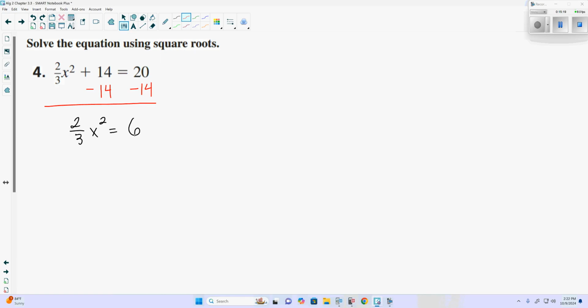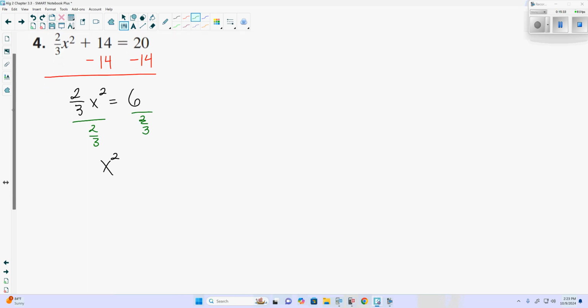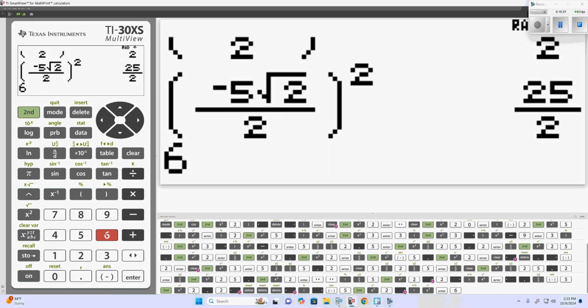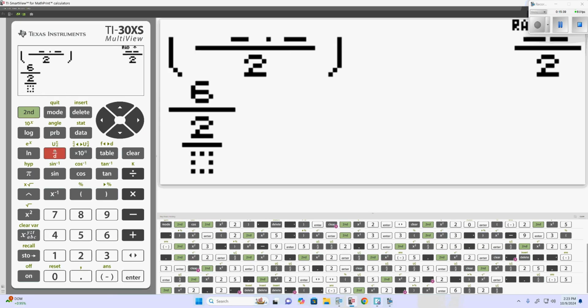Is our squared term by itself? What do we need to do next? Divide both sides by 2/3. Which gives us x squared by itself. Now we can do 6 divided by 2/3 is 9.